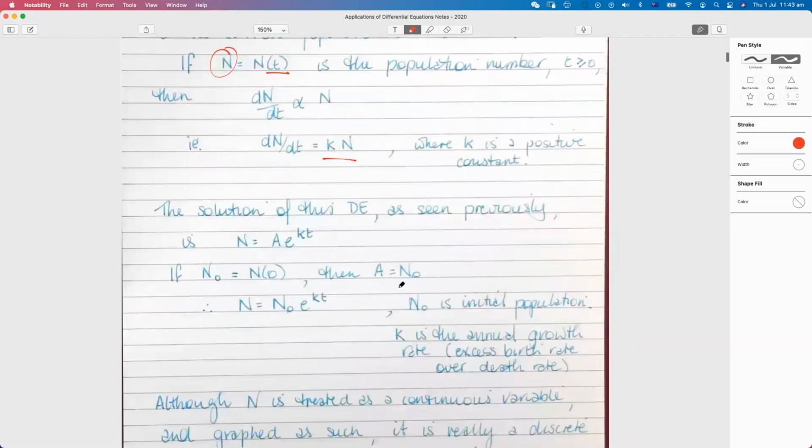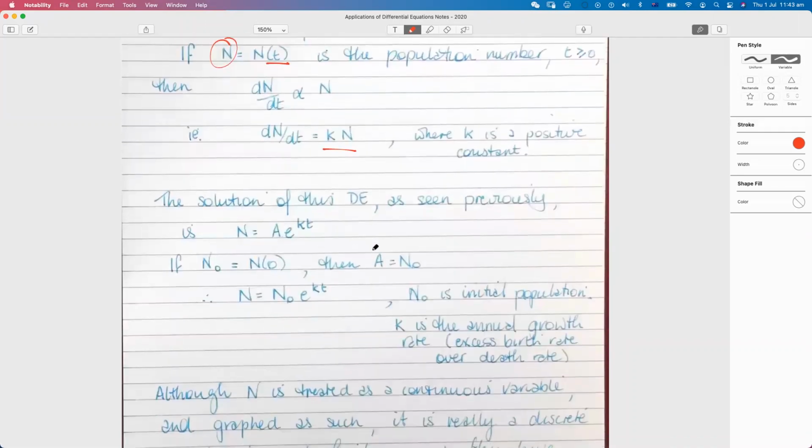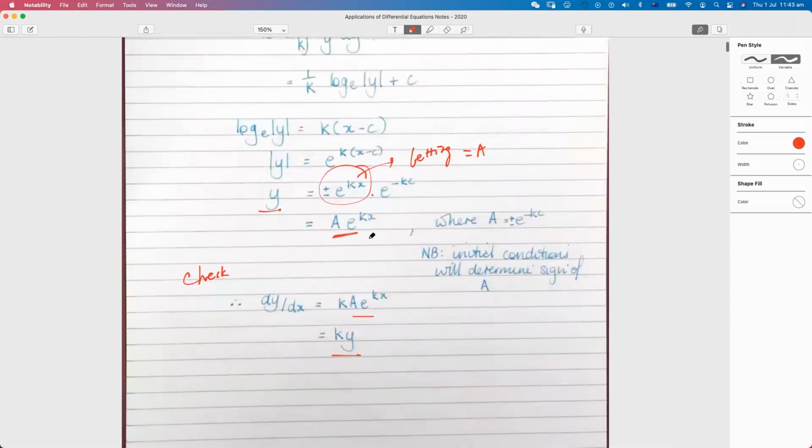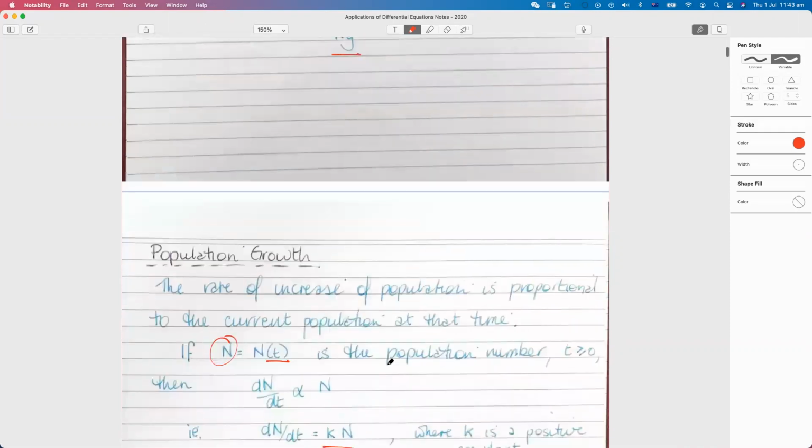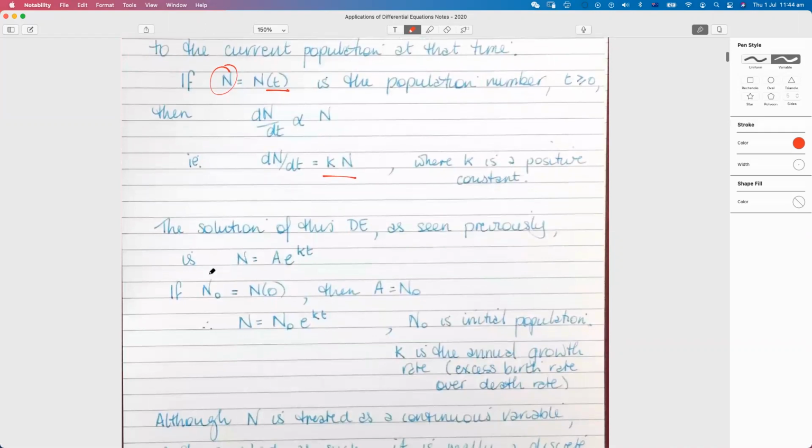The solution to this differential equation, as we've seen from here, is N equals N naught times e to the kt. N naught is your initial population, and k is the annual growth rate.